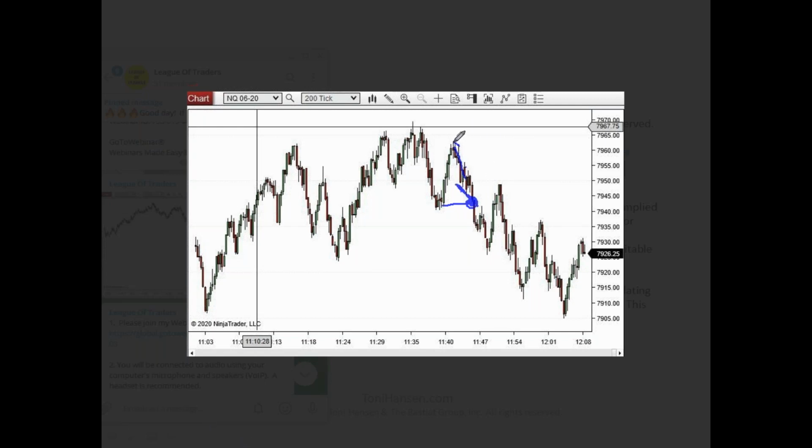There might have been some clues in here on a smaller time frame, but it's hard to see that right now. So for example, in here, you might have seen a clear tilted avalanche in there. Let me see.